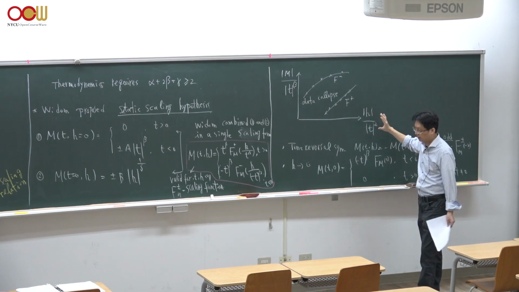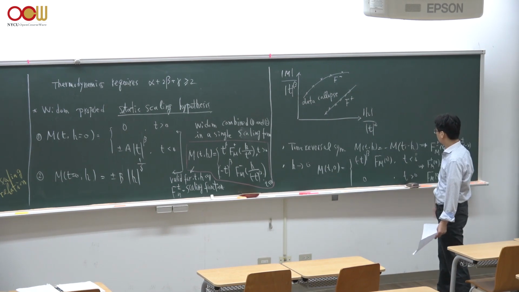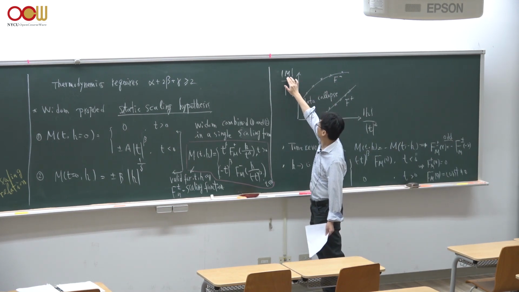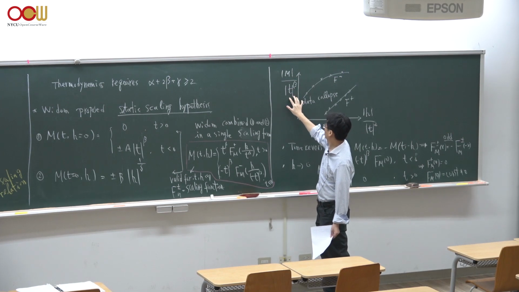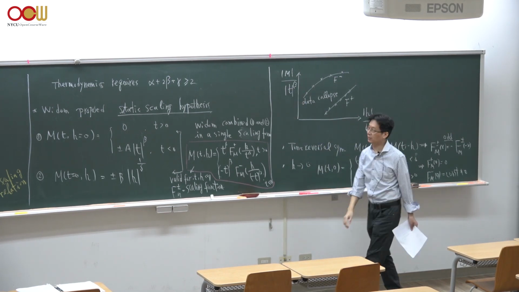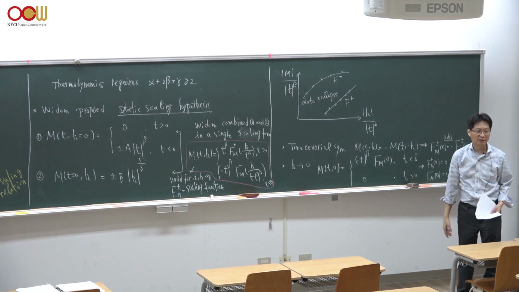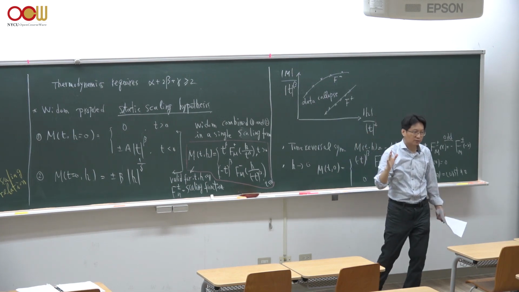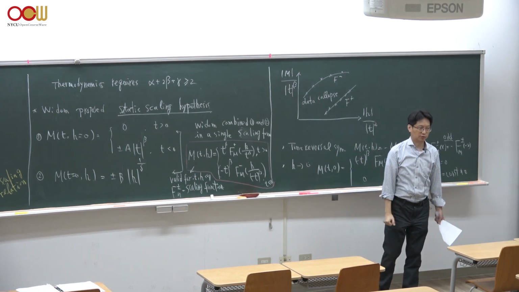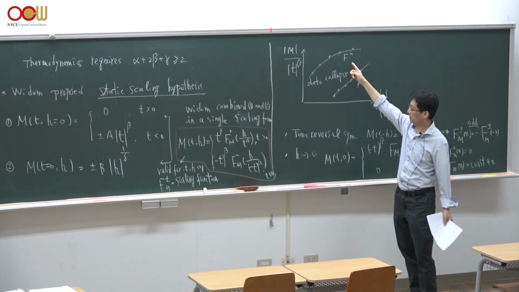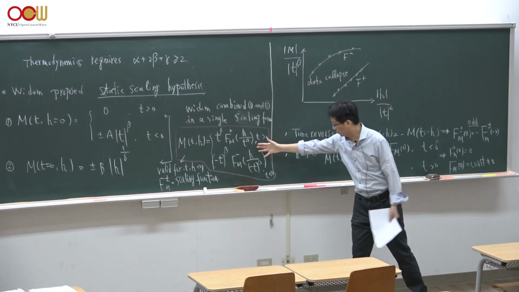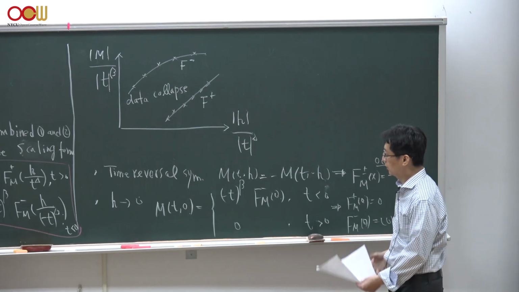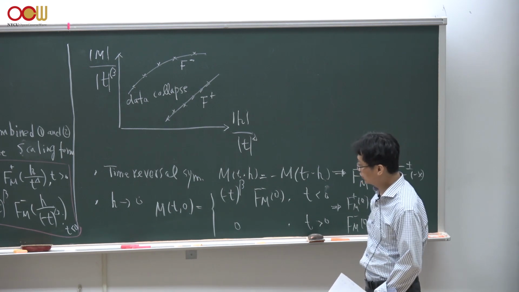If I plot those independent curves against this x variable and also against the y variable, which is the magnitude of magnetization divided by the magnitude of the little t to the power of beta, if I intentionally reorganize my data sets, I could merge all the data into two scaling functions, capital F plus and capital F minus, which are precisely defined here. So that's a very clever design of a unified scaling form of a magnetization near the transition.